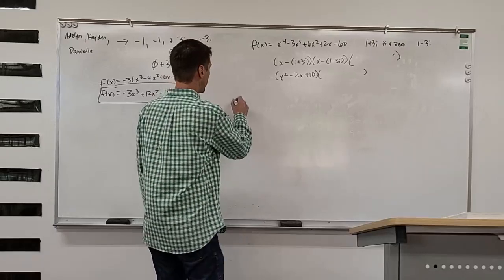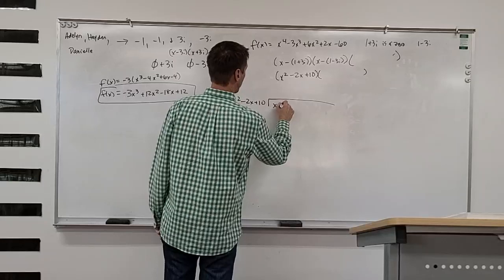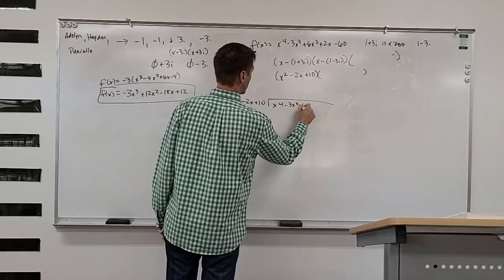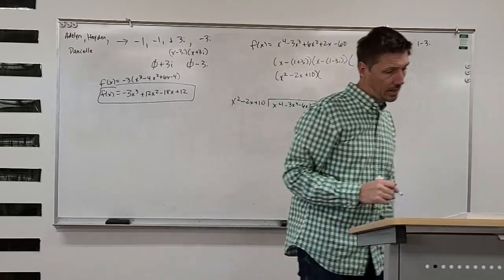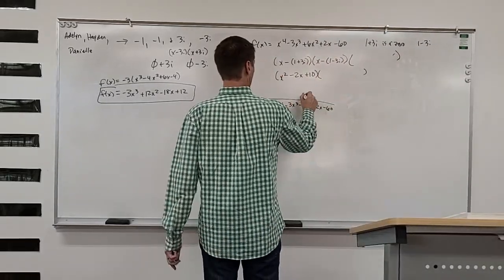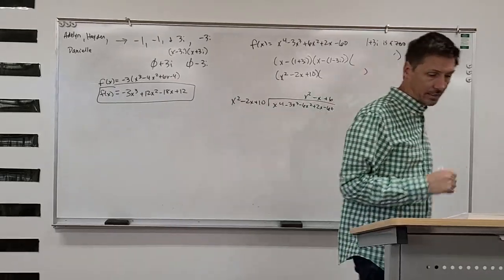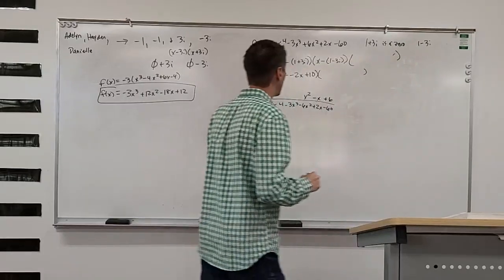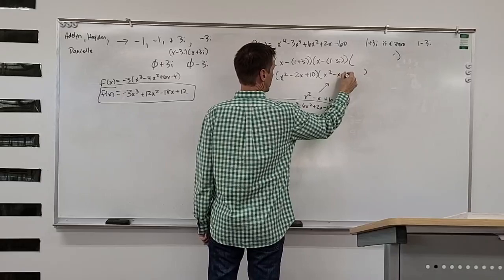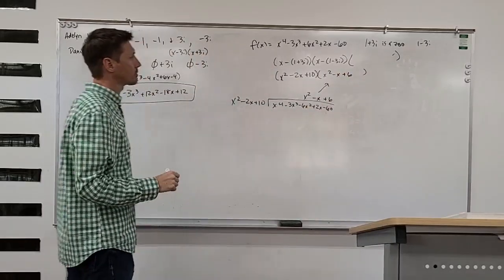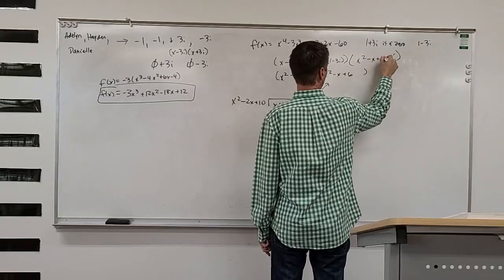When I divide x squared minus 2x plus 10 into x to the 4th minus 3x cubed minus 6x squared plus 2x minus 60, I would find out that x squared minus x plus 6 will go into that exactly with a remainder of 0. And so that is what would go in right here, x squared minus x plus 6.